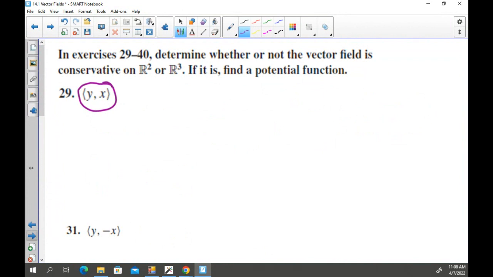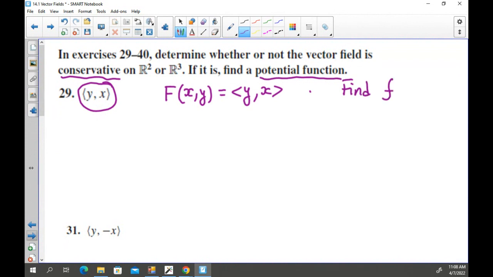Determine whether or not the vector field is conservative. If it is, find a potential function. Okay, so here we have our vector field. What we want is find the potential.